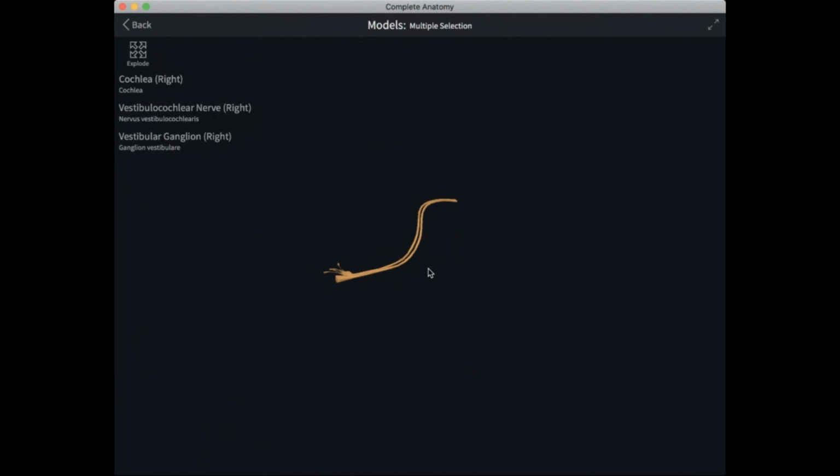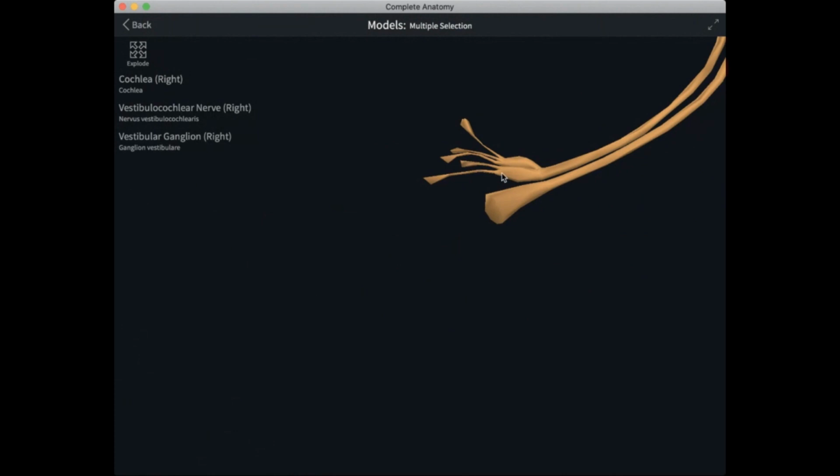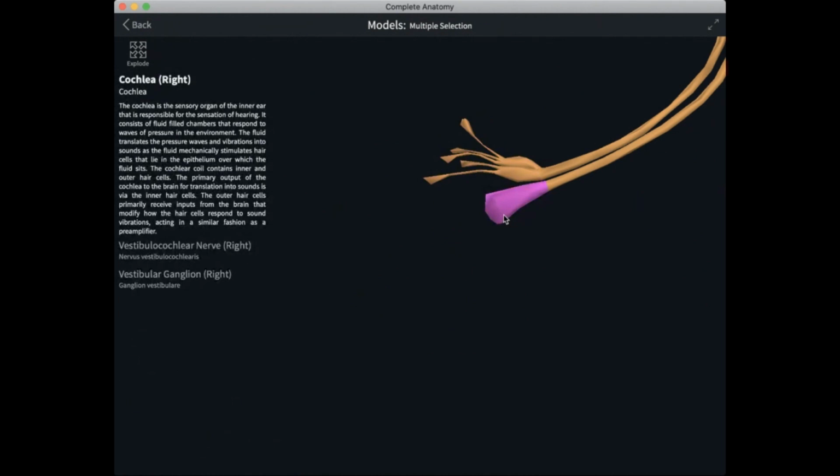This is a vestibulocochlear nerve. This nerve comes into the temporal bone and divides into the vestibule part and the cochlear part. So this is the vestibule ganglion and this is the cochlear part. So this nerve divides, and this vestibular part goes to the vestibule.